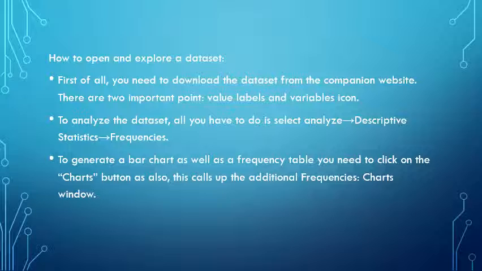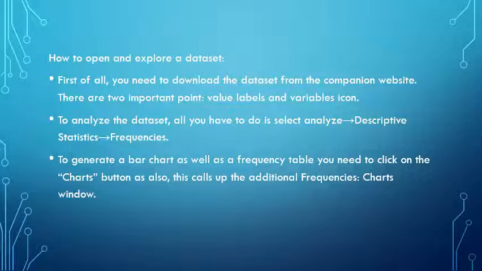To analyze the dataset, all you need to do is select Analyze, then Descriptive Statistics, and then Frequencies. Select the variable you are interested in by clicking on it once, and then the variable should be highlighted and the arrow button in the middle of the window should become darkened.